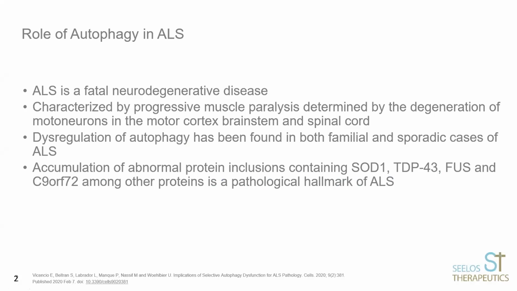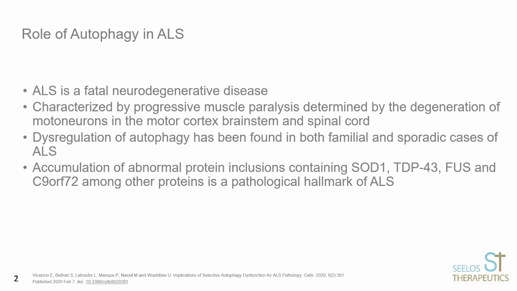What you see is the accumulation of abnormal protein inclusions. The four prominent ones, and of course more are being discovered as we speak, are SOD1, TDP43, FUS, as well as chromosome 9 open reading frame 72. These abnormal protein inclusions have been identified as a pathological hallmark of ALS.